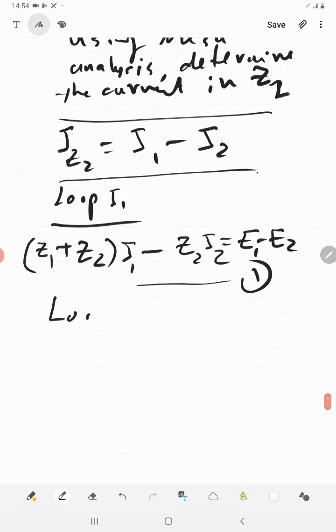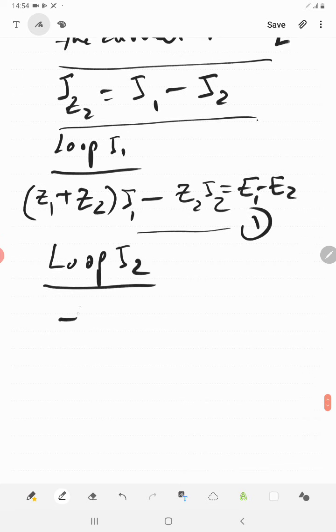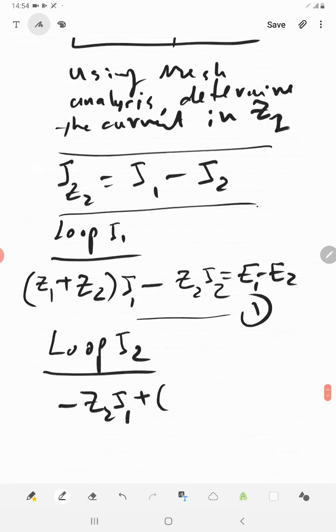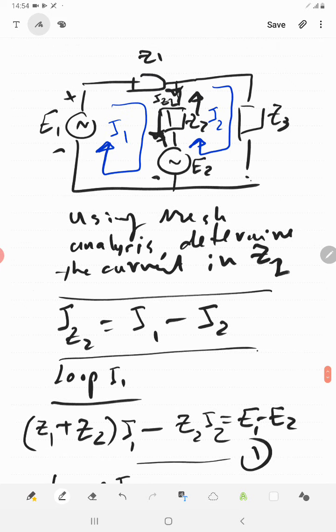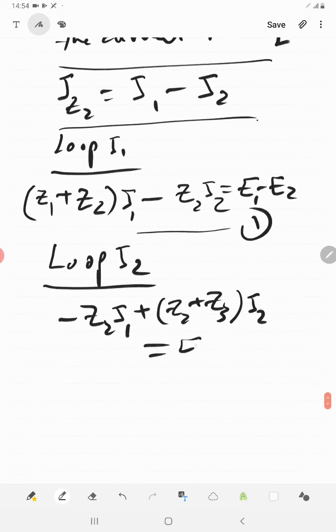Then we go to loop I2. We have minus Z2 I1 plus Z2 plus Z3 times I2 equal to, we have only E2.